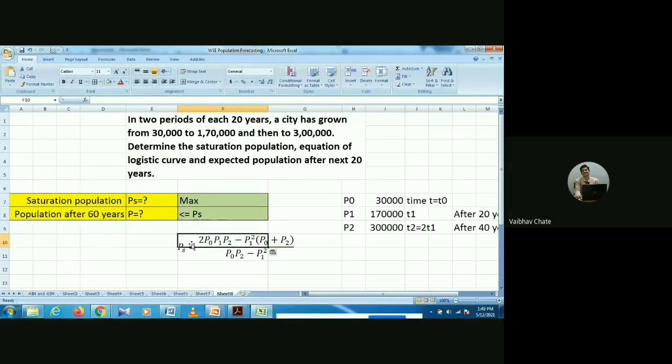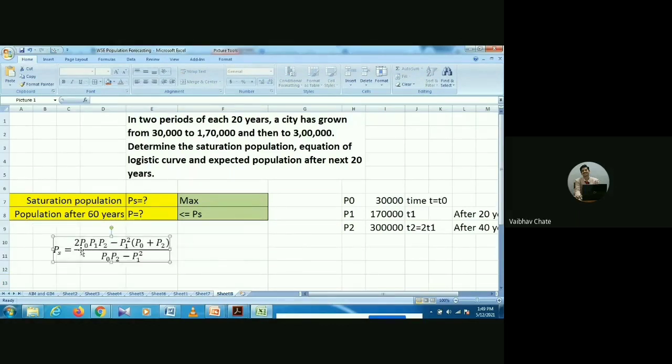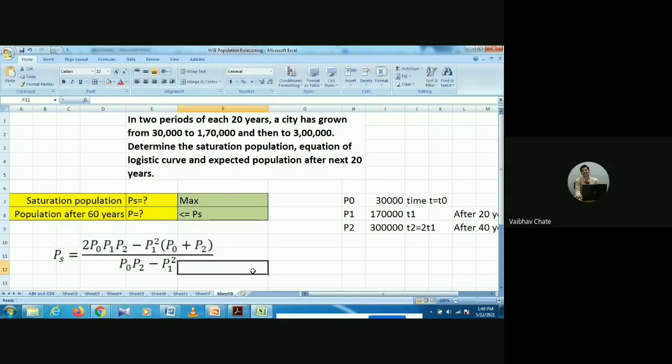The formula used to determine the saturation population, since we have three values P naught, P1, P2, is PS equal to 2 times P naught P1 P2 minus P1 square times (P naught plus P2), whole divided by P naught P2 minus P1 square. I want you people to now determine the value of PS. That is the assignment. Make it.